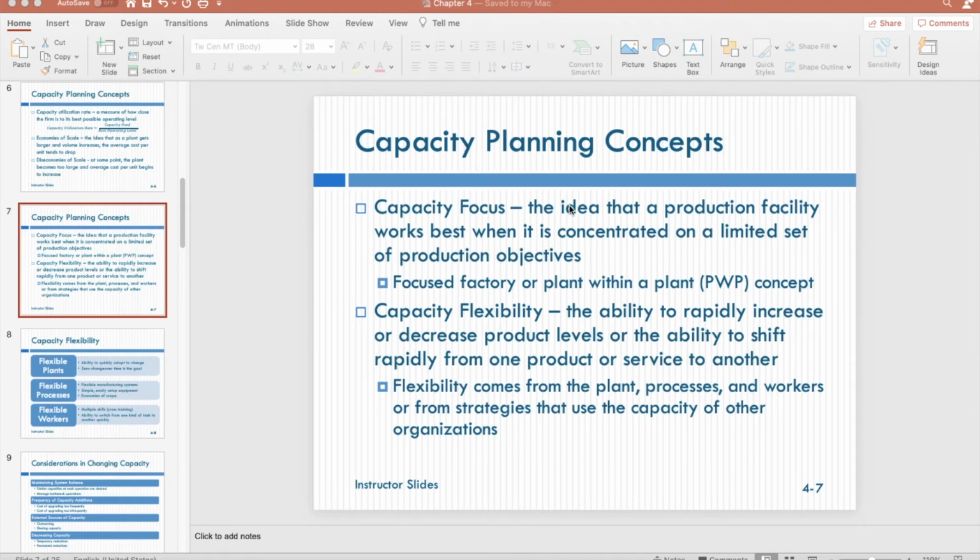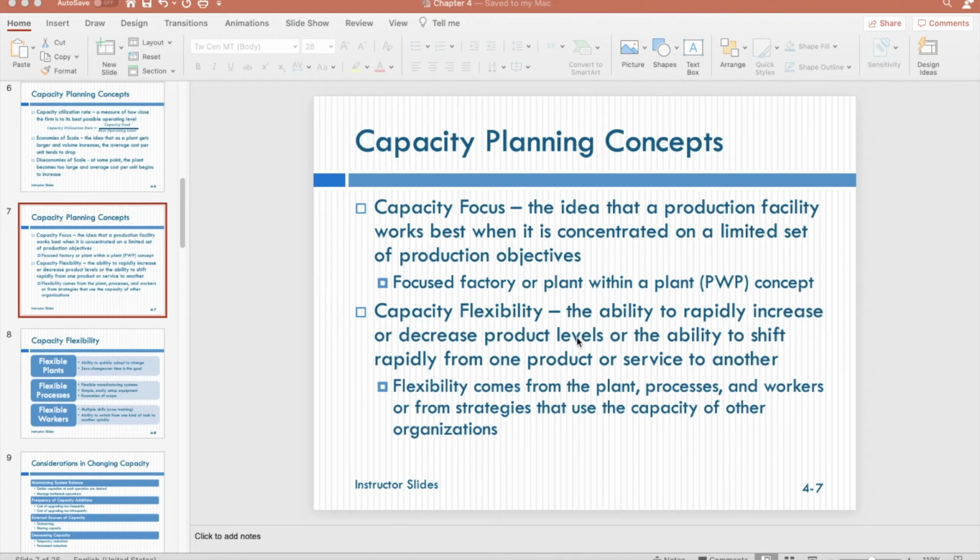All right, that's why here we say that capacity flexibility represents the ability to rapidly increase or decrease production levels. It also incorporates the ability to shift rapidly from one product to another product, or from one service to another service.